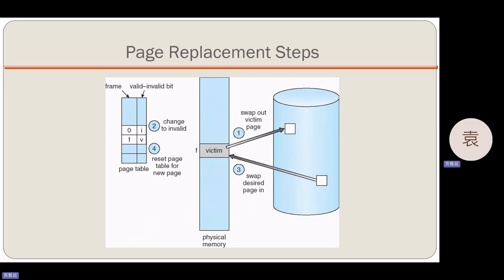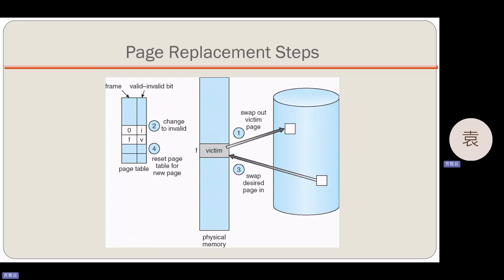The replacement works like this. First, we select a frame, for example frame F, and the page located in frame F is selected as a victim. We need to swap out this particular page and change its valid bit into invalid.